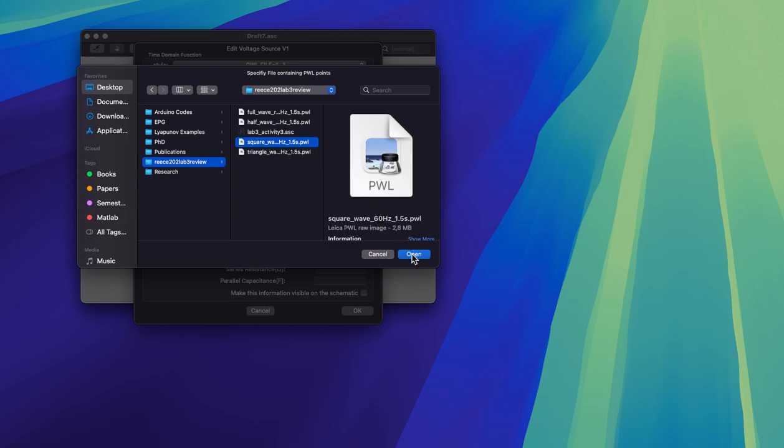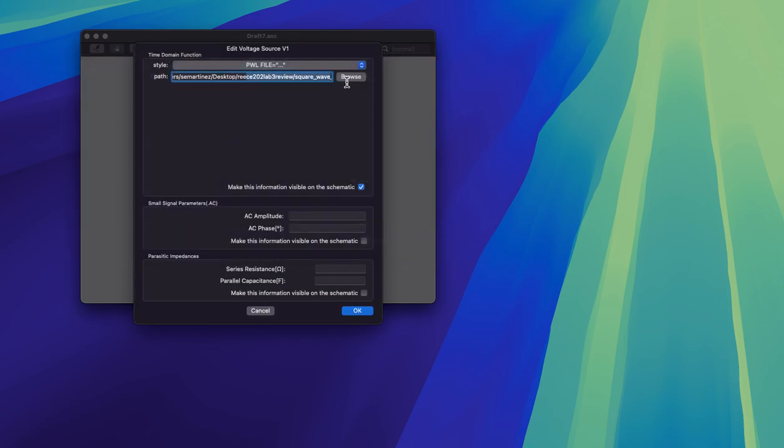If you see the path, it says square wave of 60 hertz, 1.5 seconds. That means that the period of simulation considered when we created this signal was 1.5 seconds. Still, we can do less than that. We're going to keep our 1.5.